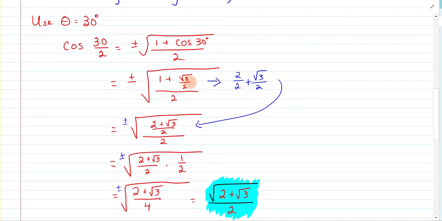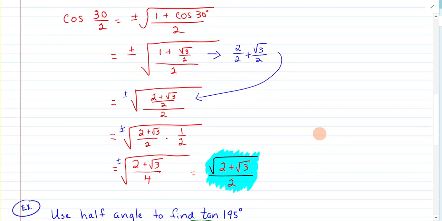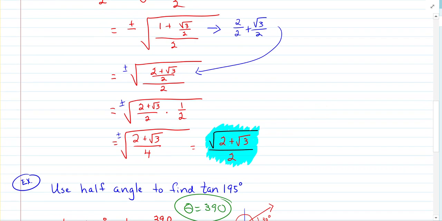So the first thing is to turn this top part into one fraction. So we make 1 be 2 over 2. Now we have the same denominator. So we have 2 plus square root of 3 over 2, over 2. And when you have this fraction over 2, it's like multiplying by 1/2, right?